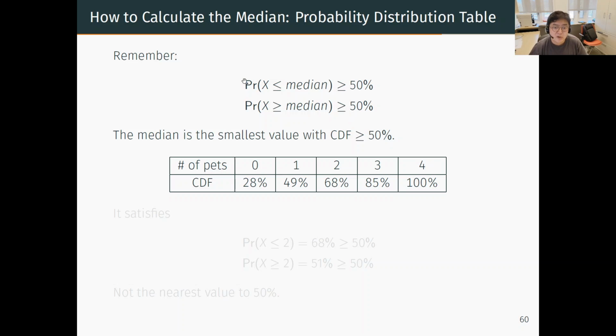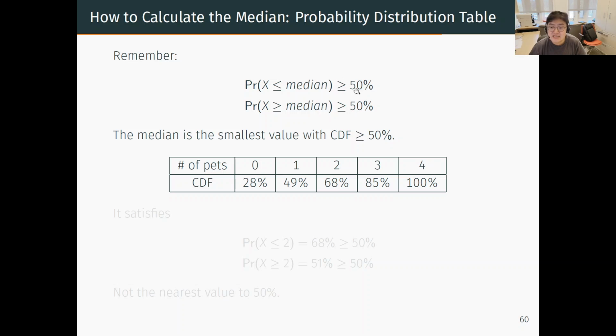And then remember, what we want is to choose one number. The median would be one of these 5 numbers, 0, 1, 2, 3, or 4. If you put one number here, that should satisfy these two inequalities at the same time. What is that? If you plug in 0, the probability of being smaller than or equal to 0 is only 28%.